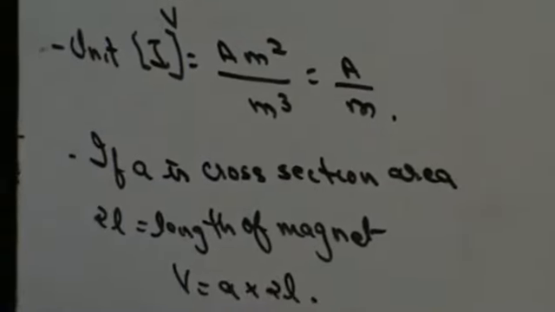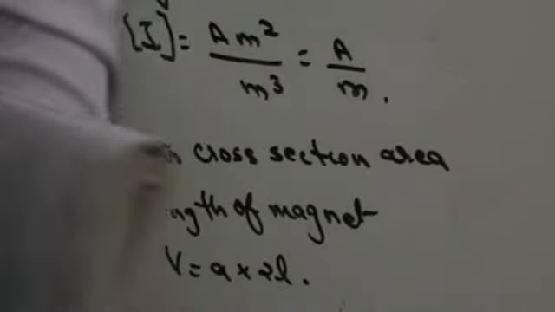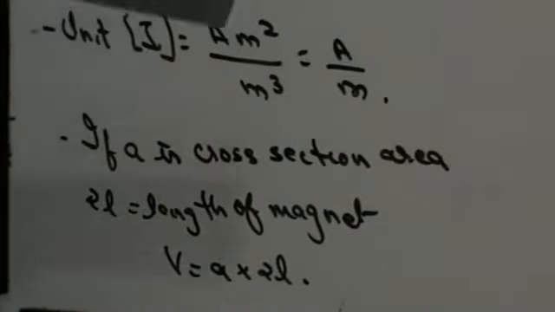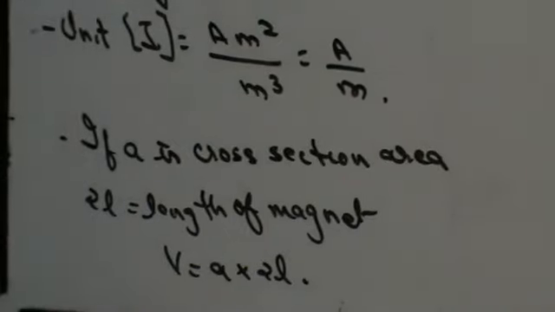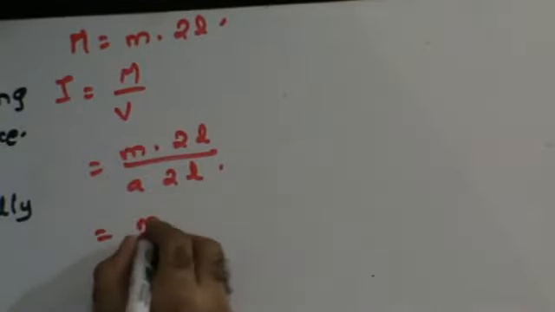We also know, guys, that magnetic moment M is nothing but m into 2L, right? Therefore, intensity of magnetization, which is M upon V, can be written as m into 2L upon a into 2L. So this can be written as m upon a.